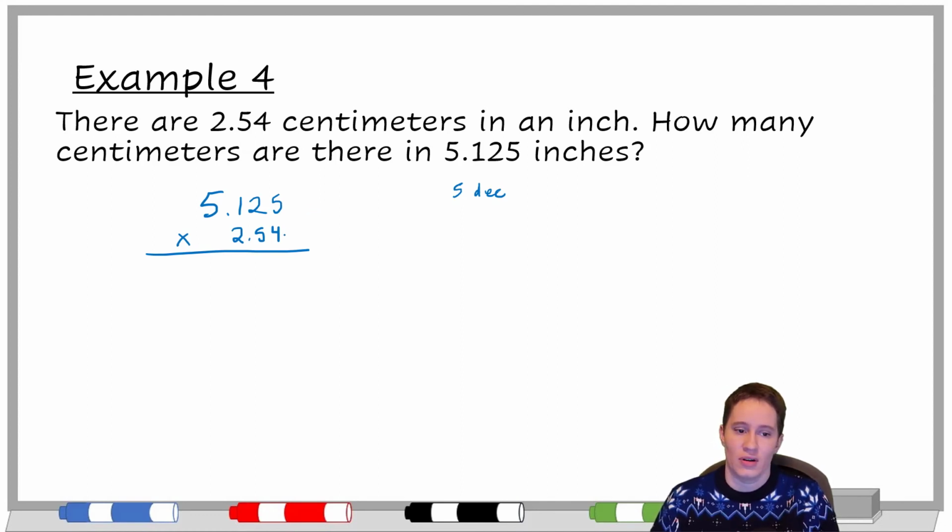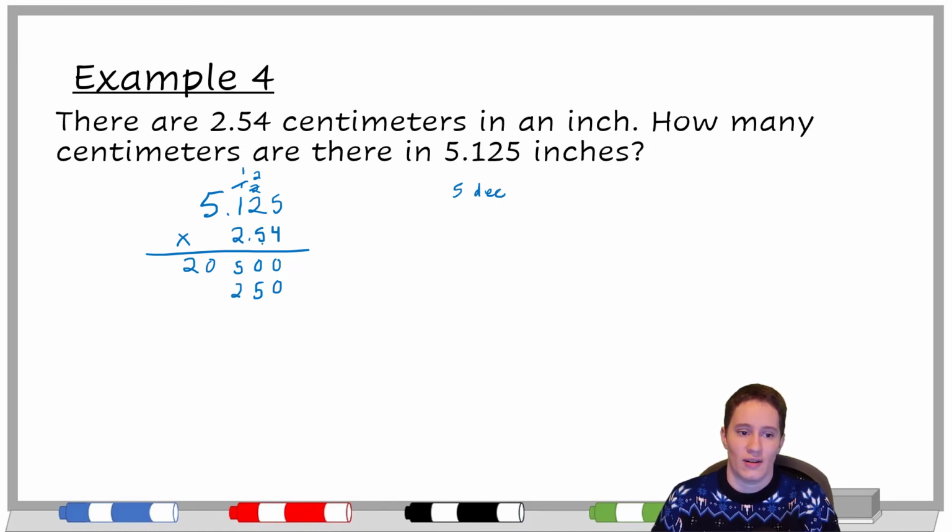Okay, 4 times 5 is 20. So write 0 down, carry our 2. 4 times 2 is 8, plus 2 is 10. Write down our 0, carry our 1. 4 times 1 is 4, plus 1 is 5, and 4 times 5 is 20. Write down our 0 for our placeholder and mark out our carries. 5 times 5 is 25. 5 times 2 is 10, plus 2 is 12.